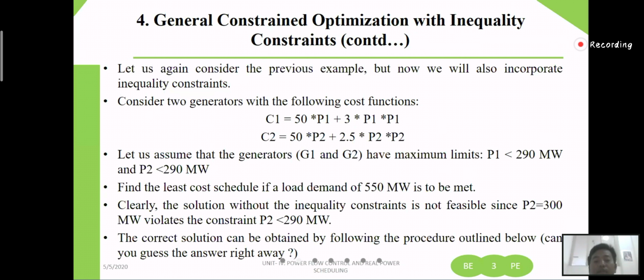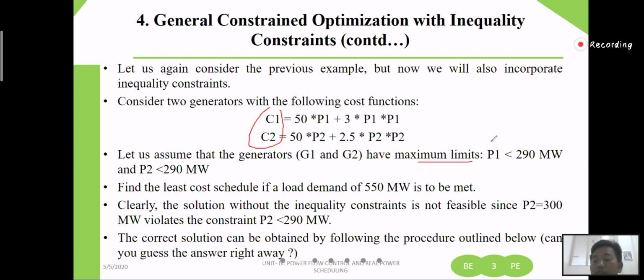Now, same as the previous example, we'll consider the same example. Consider the two generators having cost function C given by these two. Here we are considering the inequality constraint, which means these two generators G1 and G2 have a maximum limit.